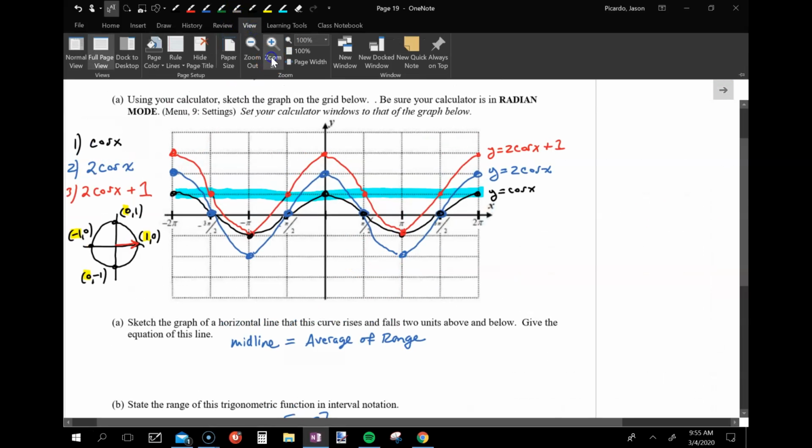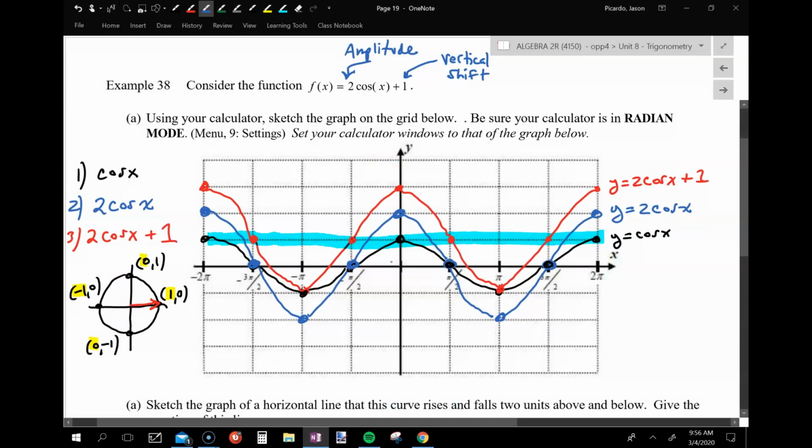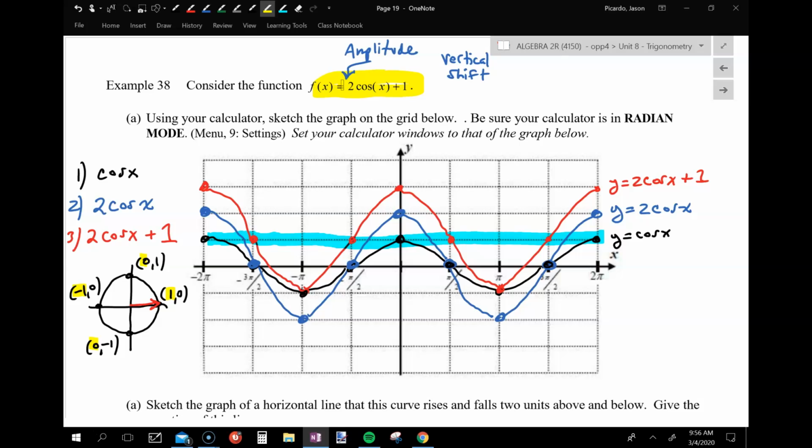Guys, what did you notice about the midline? The midline for this was y equals 1, right? What does that match up with? How much I shifted up.